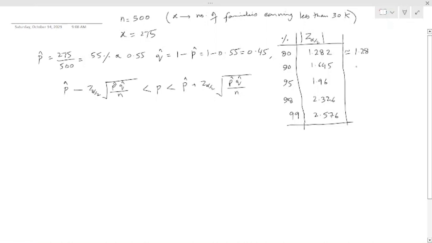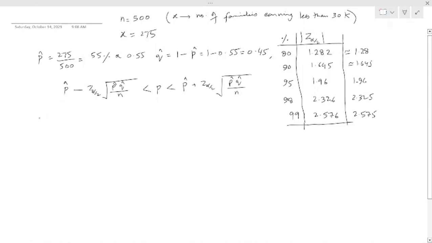That's 1.28 here, 1.645 exactly, 1.96, 2.325, which we determined on the basis of average, and 2.575, again on the basis of average. Whichever value you use makes only a slight difference in your answer.